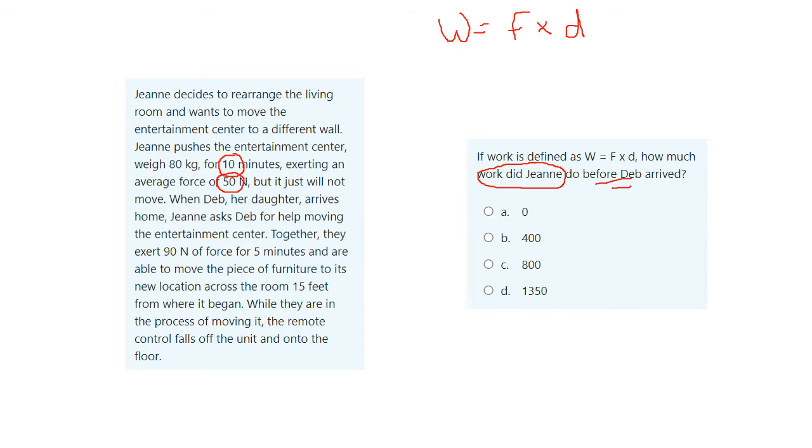However, it would not move. So we are going to be multiplying by 0 because there is no distance, there is no movement. If we multiply anything by 0, we will still get 0. So it doesn't matter how much force goes in. If you multiply any force by 0, then you get 0. So the work done before Deb arrived home is 0.